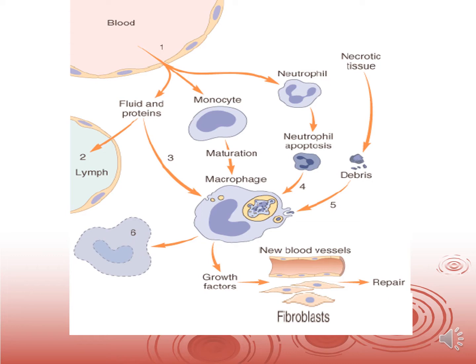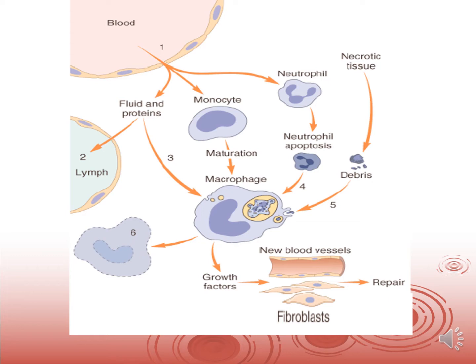neutrophils after apoptosis in case of inflammatory reactions were phagocytosed by macrophages, and then growth factors are released, which stimulate new blood vessel formation and stimulation of fibroblast growth and cell division.